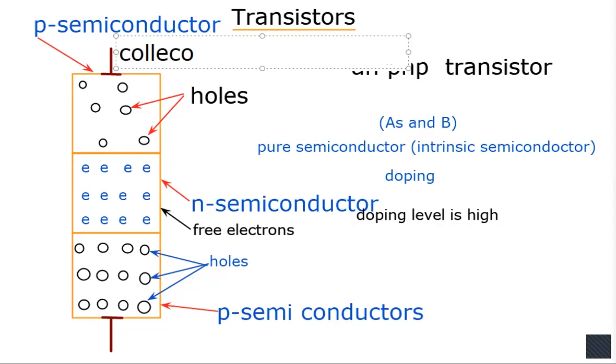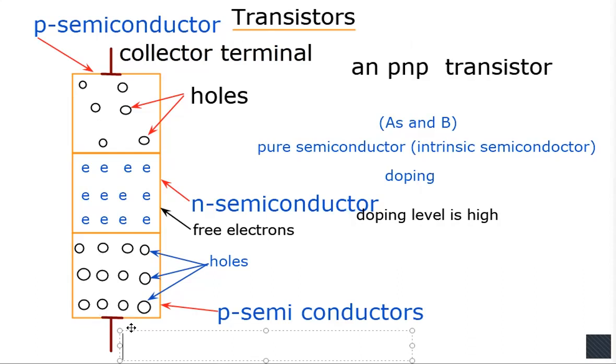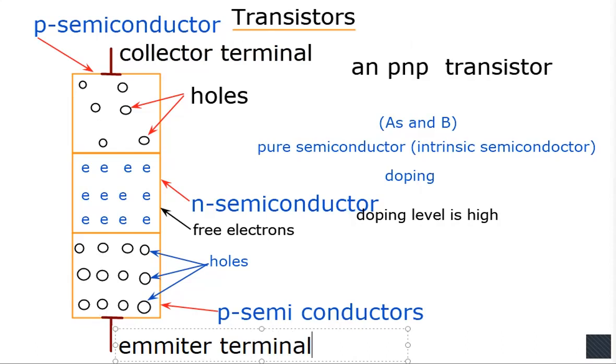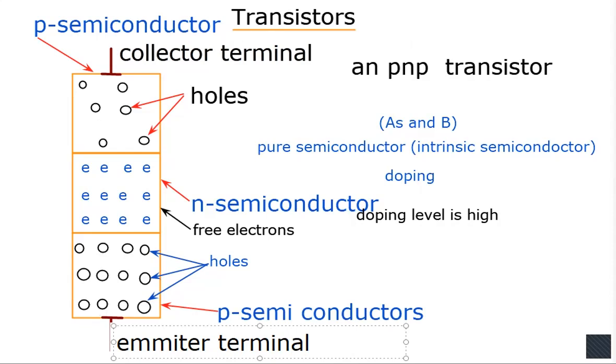What is the name of that terminal, dear? Collector terminal, right? The metal wire connected to the highly doped semiconductor is known as the emitter terminal. Got it, dear? That's how the names are given. Emitter means having more number of holes, highly doped.